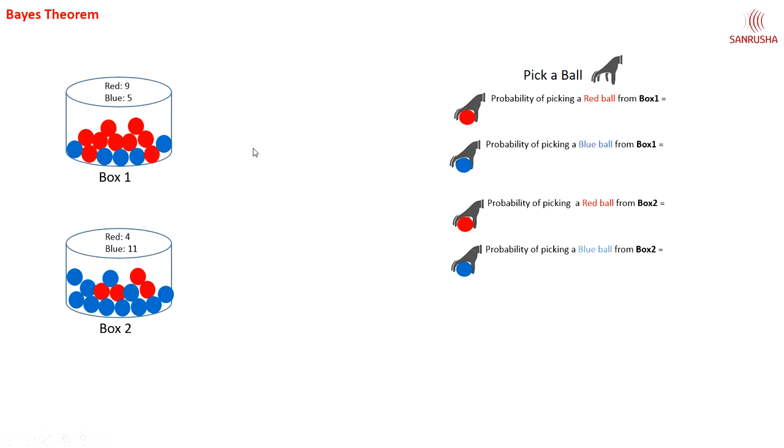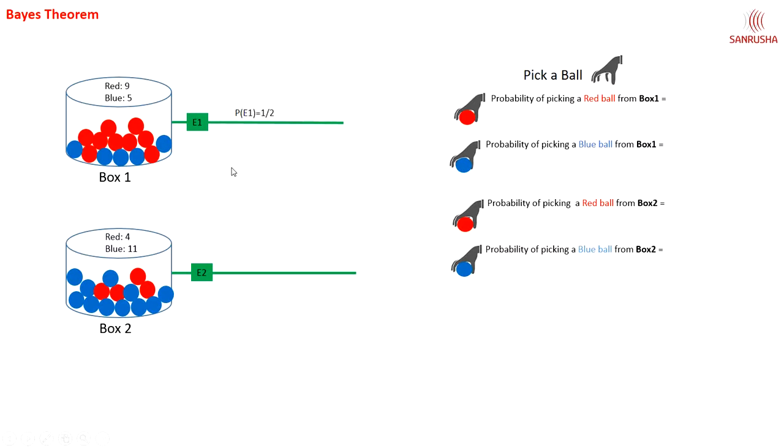So let's begin. First, we have two events. Event 1, we can pick from the first box, or event 2, we can pick from the second box. So two possible events. Only 2 boxes are there.